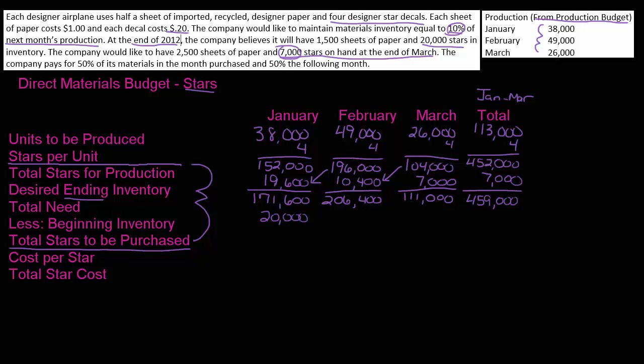Now for February, January's ending inventory becomes February's beginning inventory, so 19,600. February's ending inventory becomes March's beginning inventory, so that's 10,400. And for my total column, I want beginning inventory, so my beginning is January 1st. So I'm going to take January's beginning inventory.